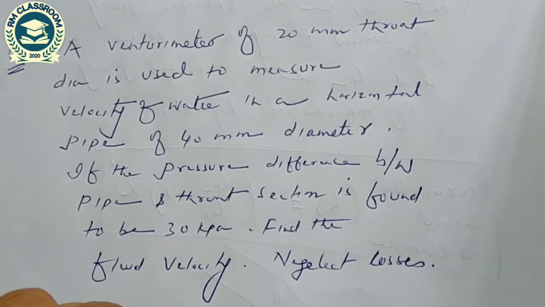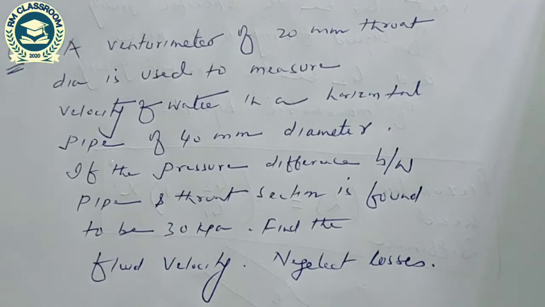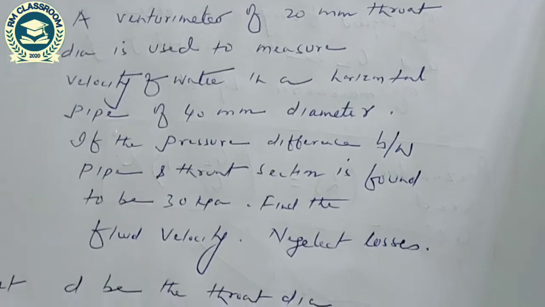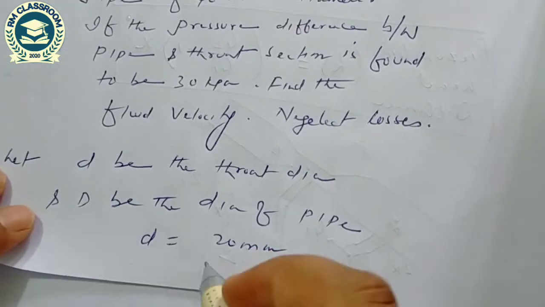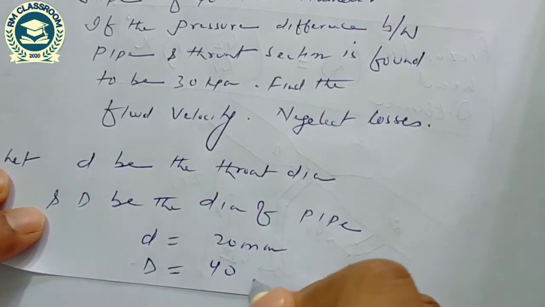So let d be the throat diameter and capital D be the diameter of the pipe. Here d is equal to 20 mm and capital D is equal to 40 mm.